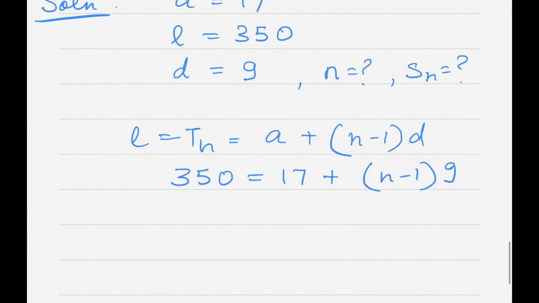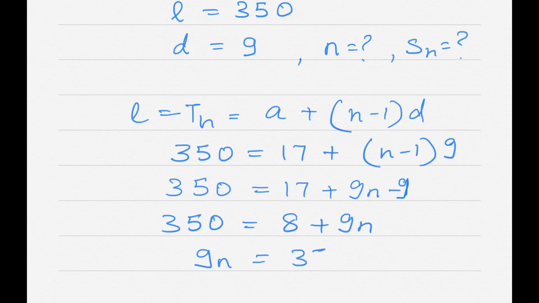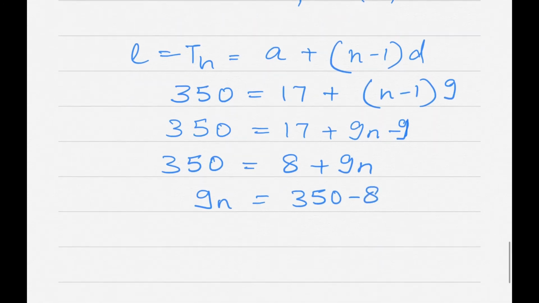So now let's solve it. So 350 is equal to 17 plus 9n minus 9. Okay, now 350 is equal to 17 minus 9 is 8 plus 9n. So 9n is equal to 350 minus 8.